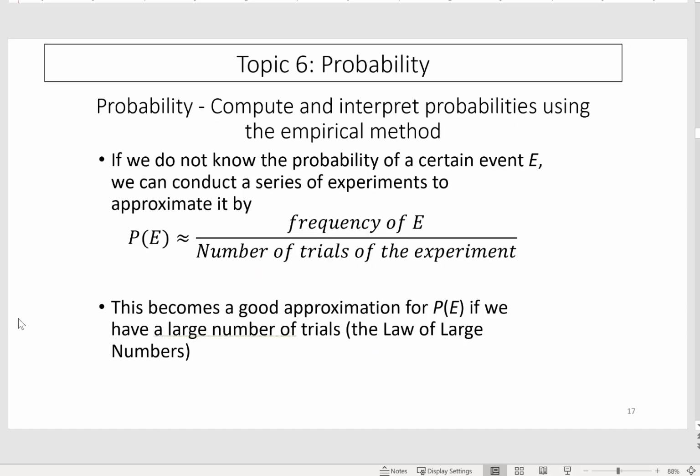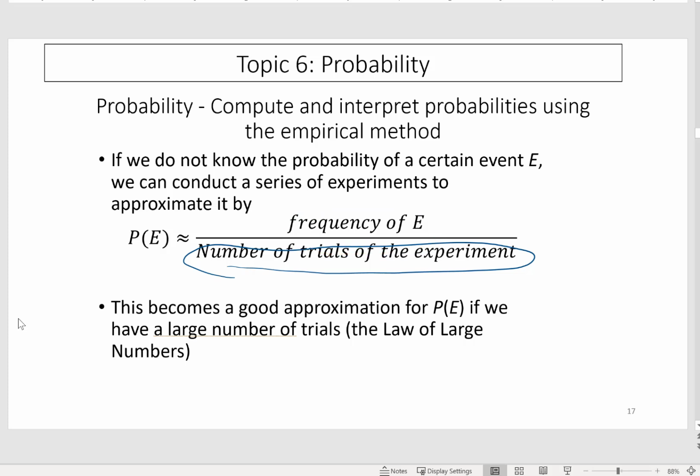Now, how do we compute probabilities? Well, in the empirical way, if we're doing an experiment, the number of trials would be in the denominator. And in the numerator is the number of times we see what it was we were looking for.